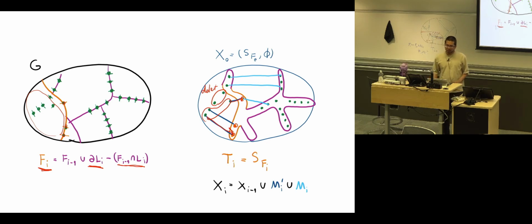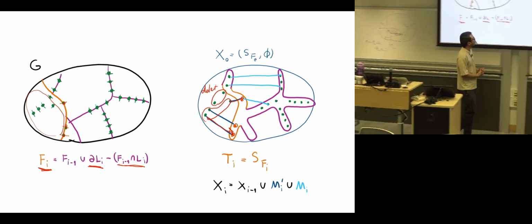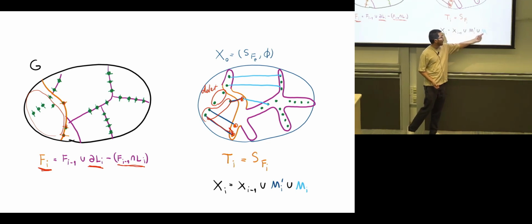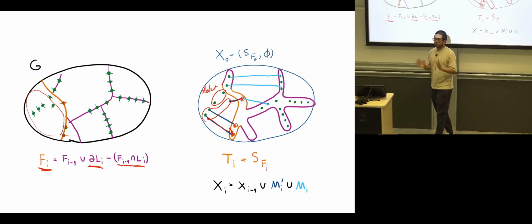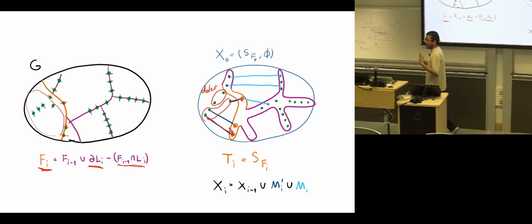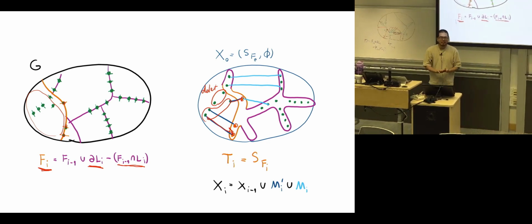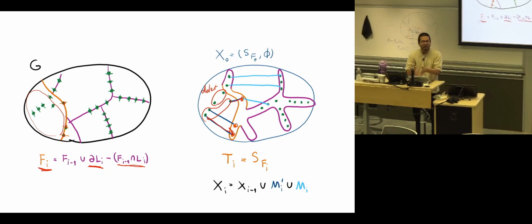So what I hope you to be convinced of is that if I define my transferring matching, mixing matching, and deleting set in this way, I really just simulate one round of the cut matching game in the X graph.